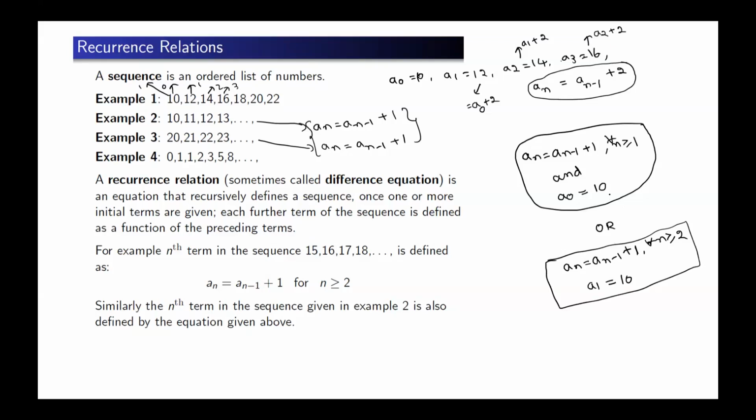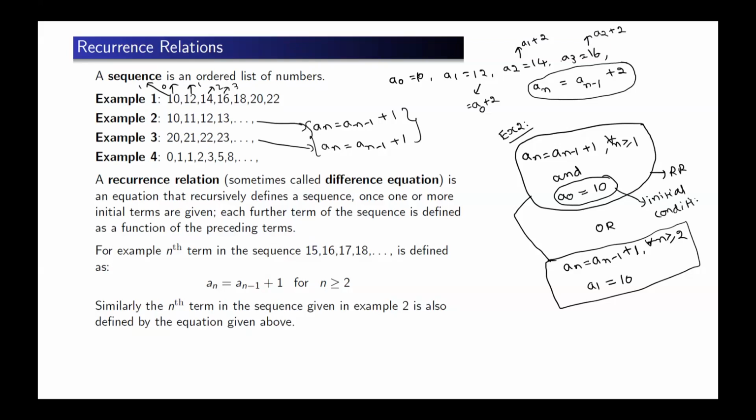So this is a recurrence relation which uniquely defines the sequence given in example 2. This is called a recurrence relation. And this is called the initial condition.